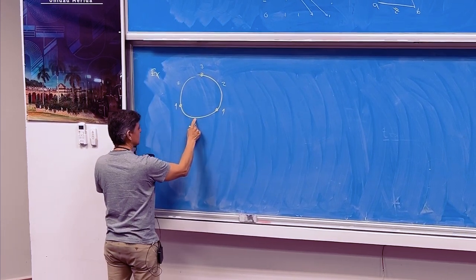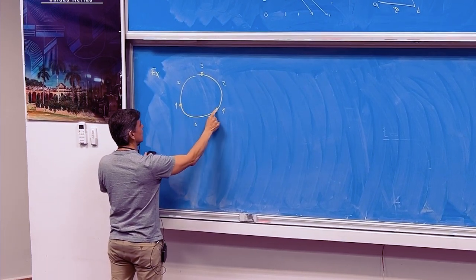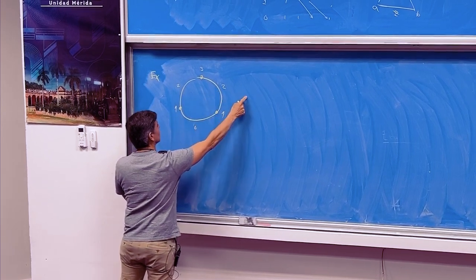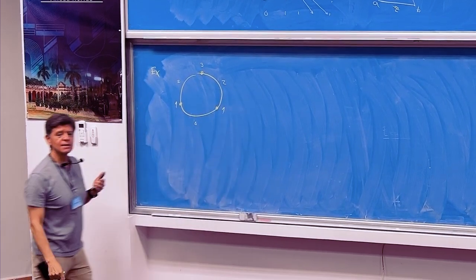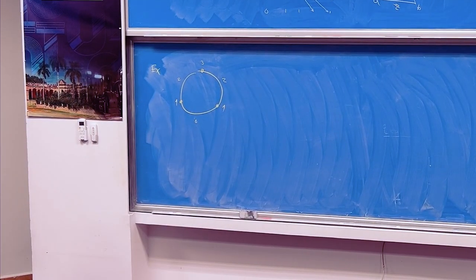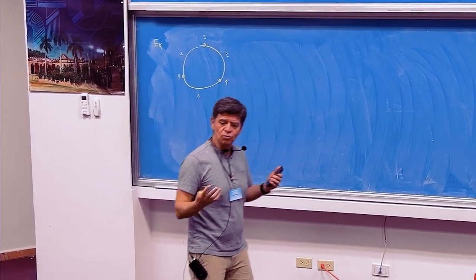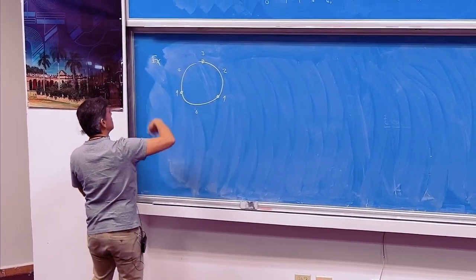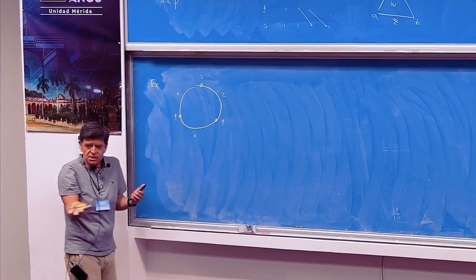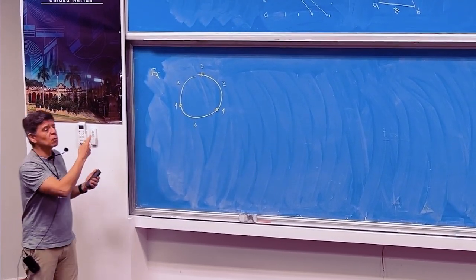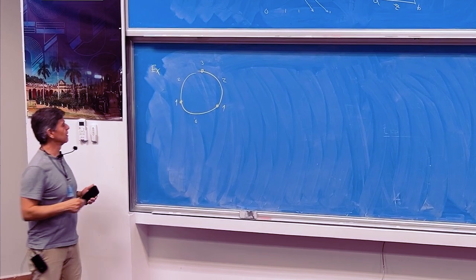So this is at height 0, this is height 1, these two guys are at height 2, and this guy is at height 3. All right, so this is a circle. We know it is a circle. Its homotopy type is that of a circle, but it has too many cells. And I would like to simplify this whole thing.